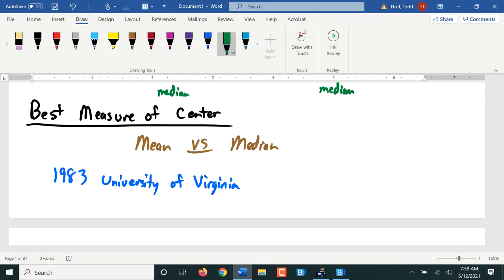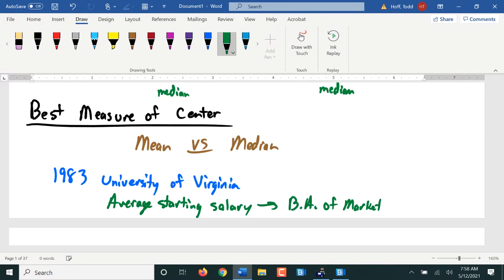In 1983, the University of Virginia advertised that the average starting salary of a graduate in their BA of Marketing, Bachelor's of Marketing, was just under $78,000.